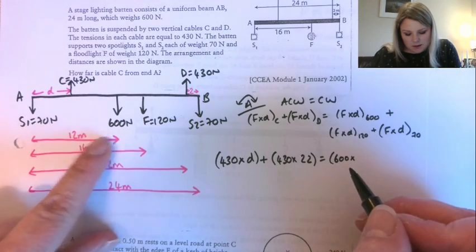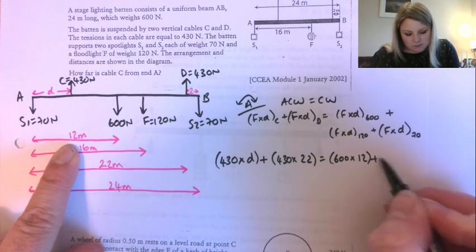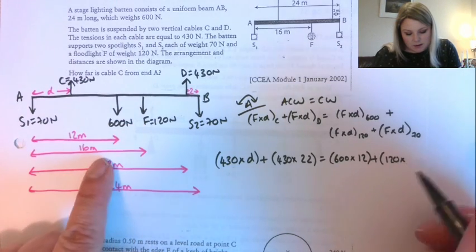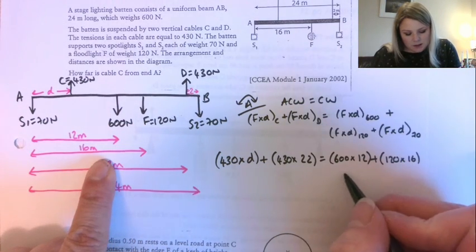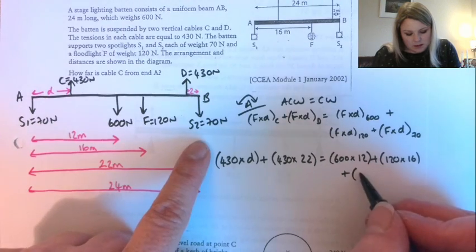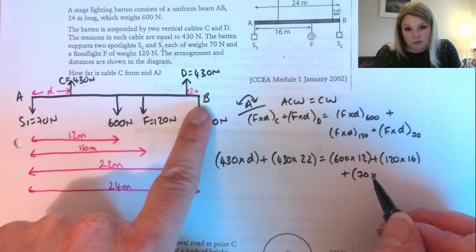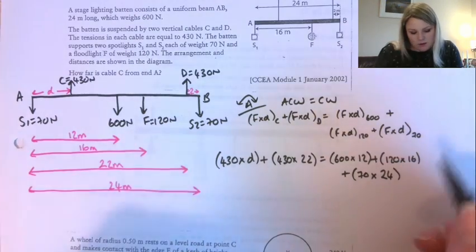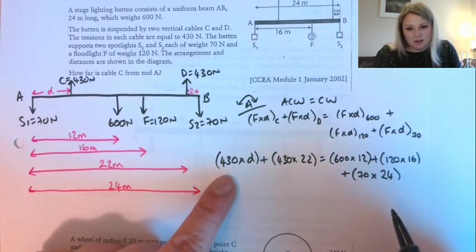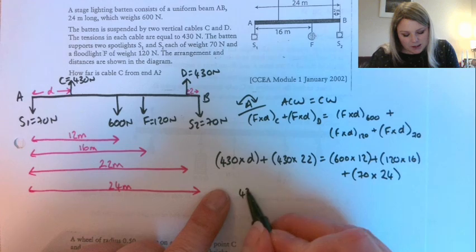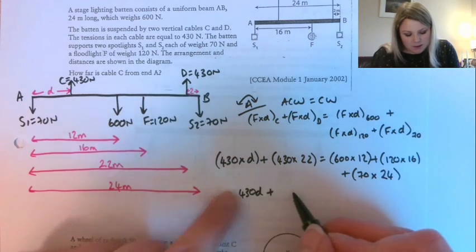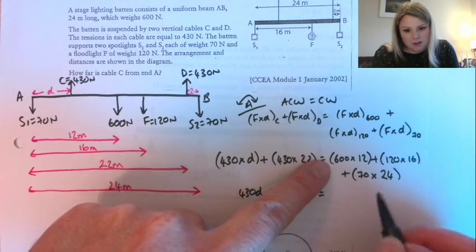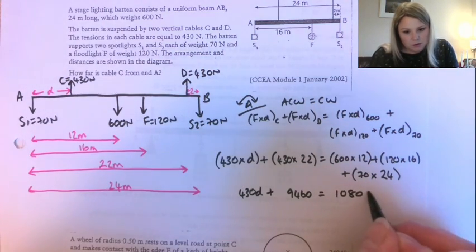And the distance it is to the pivot is 12. Next one is our 120. Distance it is to the pivot is 16. And our 70, and it's at the very end, so the distance it is to the pivot is 24. So I'm just going to tidy this all up. So 430D plus 9460 equals, these all add up to 10800.